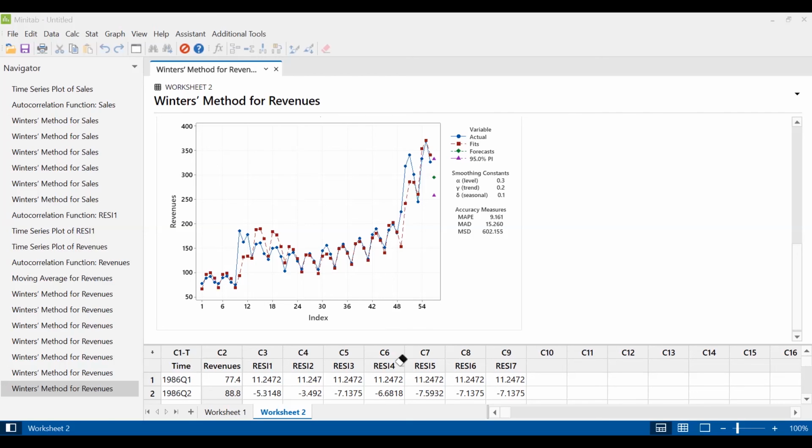All right, so we're gonna use the last model for our answer to the question. And part D says evaluate the forecasting method and determine the best method.